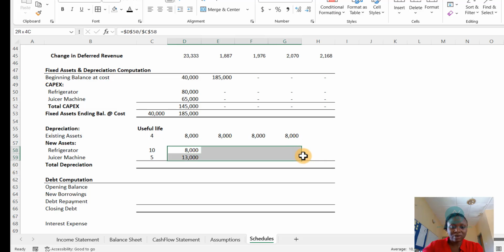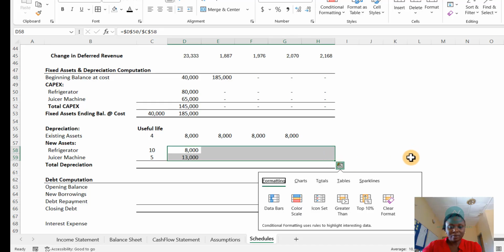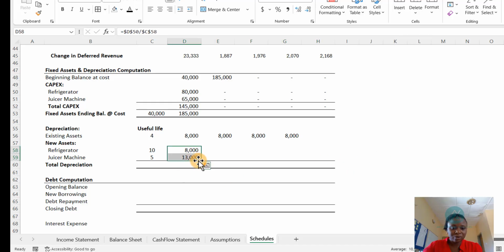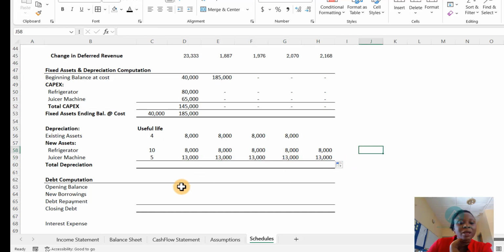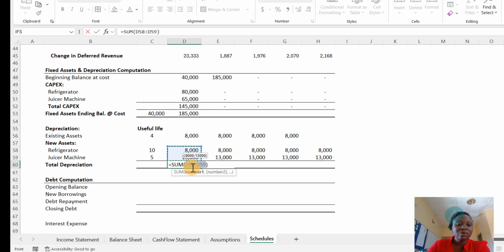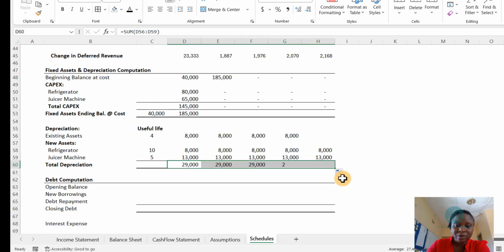So we have the total because it spans across. So I'll just use this fill handle to copy downwards. So that's it. Having gotten this, we'll just sum to get our total depreciation, then you fill right.